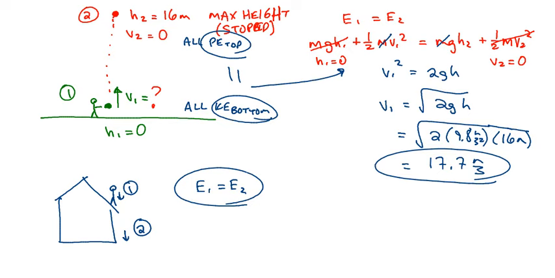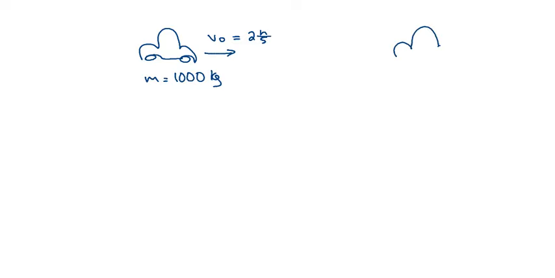Just as a little example of that, we'll take a car here. If your car has a mass of 1,000 kilograms and it's moving initially at a speed of 2 meters per second, and then later on it's moving at a velocity of 8 meters per second.